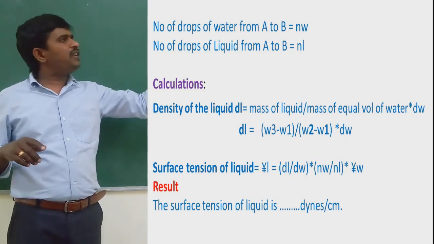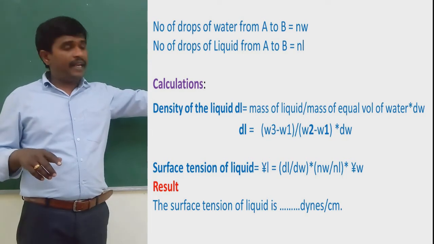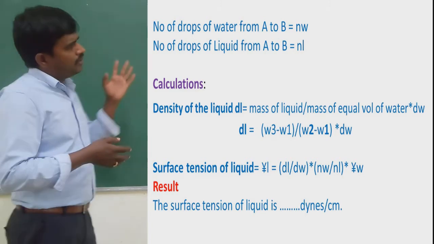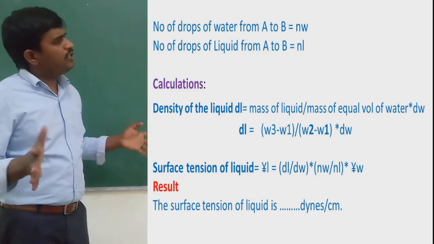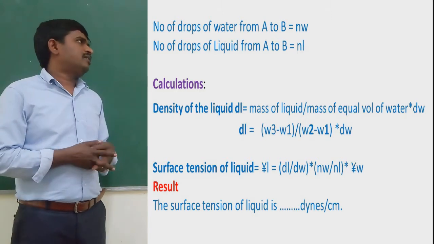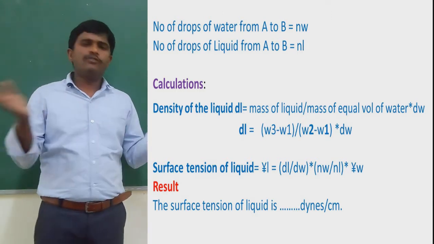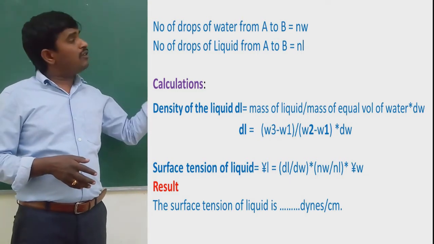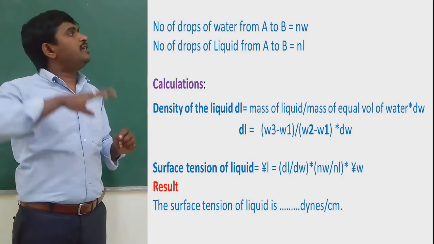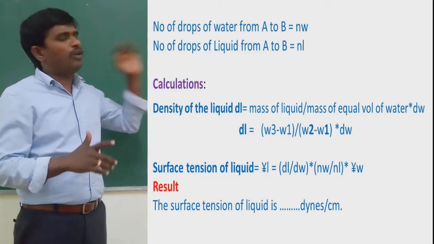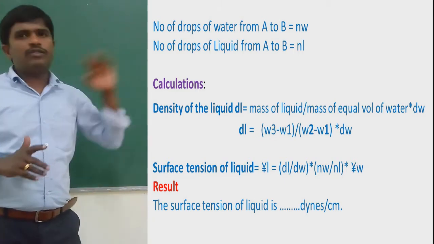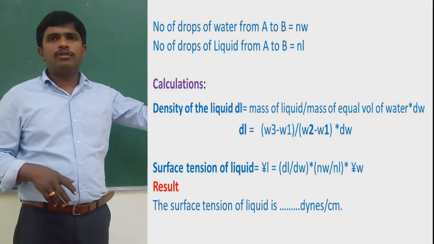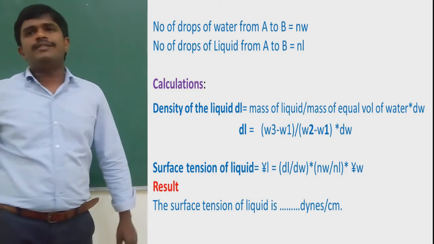The number of drops of liquid from A to B is NL. Coming to the calculation part, it is quite easy. First we need to calculate the density of the liquid, dl. It is given by dl is equal to mass of the liquid by mass of equal volume of water into density of water. Density of water is known. So dl is equal to W3 minus W1 divided by W2 minus W1 into dW, that is, density of water.